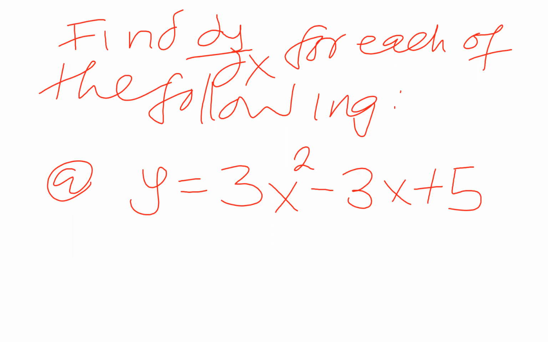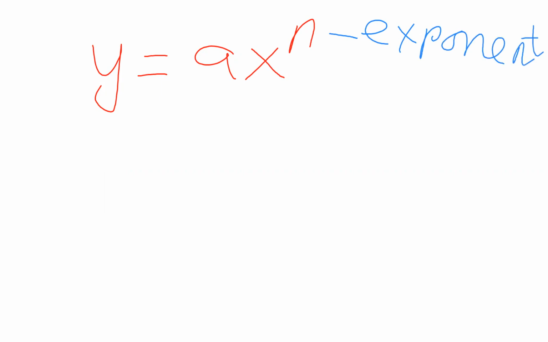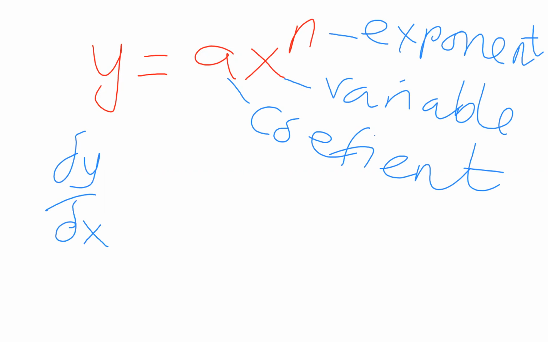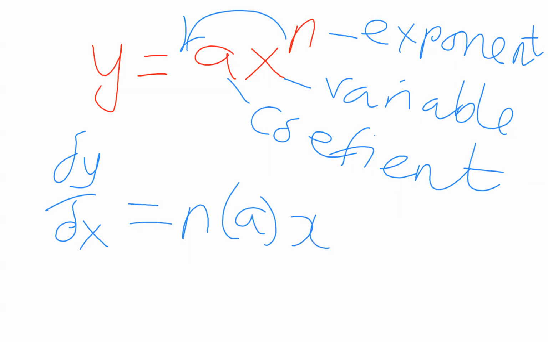What you need to bear in mind is that the power rule states that if you have an equation y of the form y equals a x to the power n, where n is the exponent or the power, x is the variable, and a is the coefficient, then the dy over dx for this equation shall be given as simply dropping the exponent, multiplying it with the coefficient, keeping the variable the way it is, and subtracting 1 from the exponent.